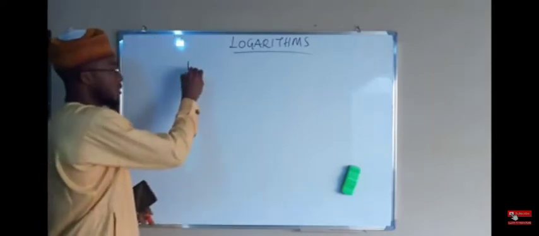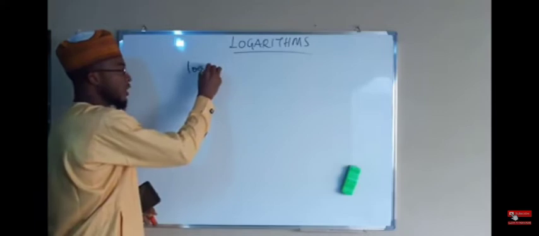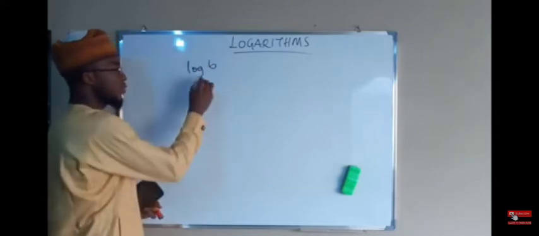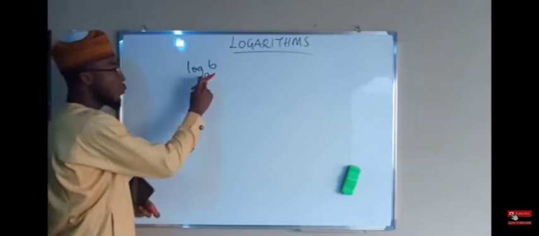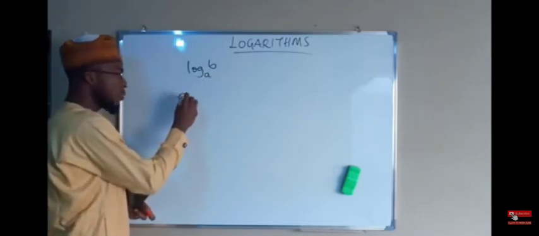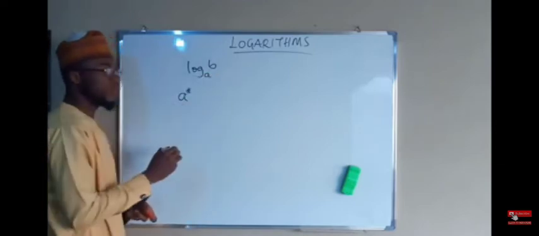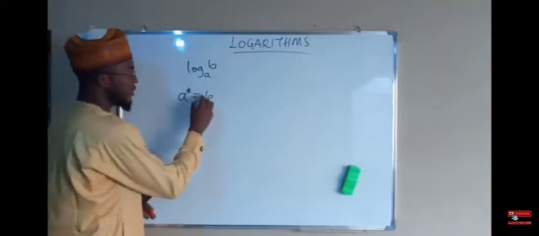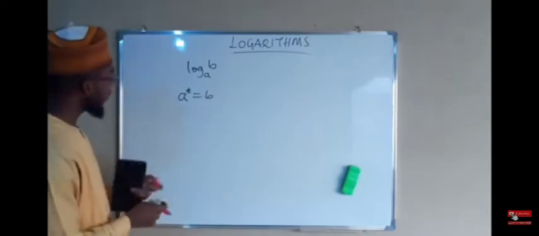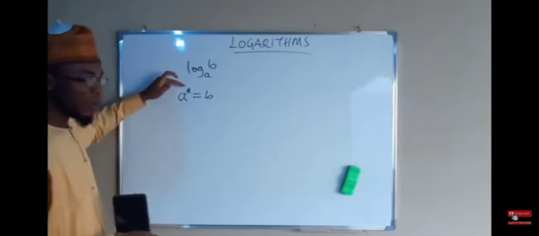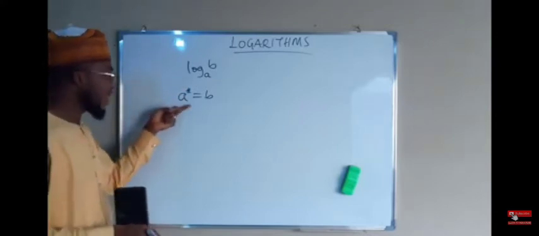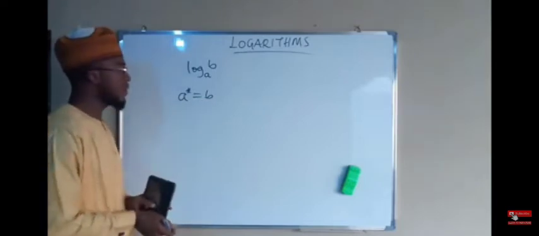A log of a number, say b, with a base a, is the power by which this a must be raised to be equal to b. In other words, a must be raised to a particular number and simplifies to be equal to b.